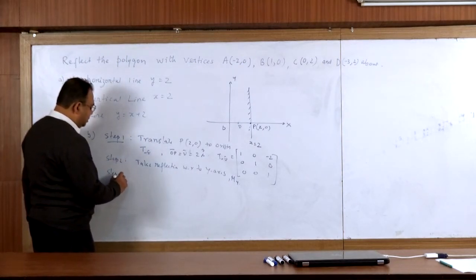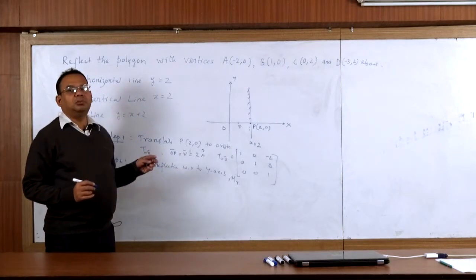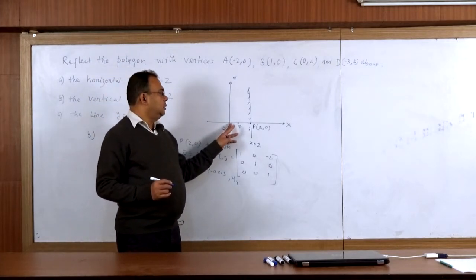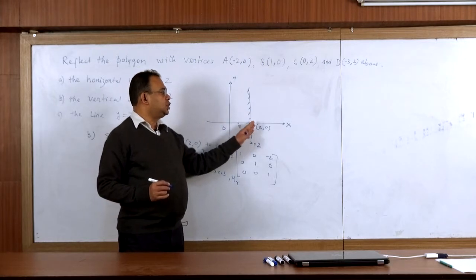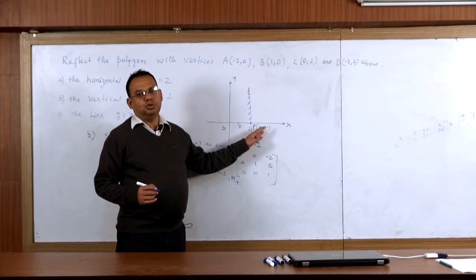next step, step 3, we have to give the inverse of step 1, that is we have to give back translation so that the point which was earlier made coincident with the origin becomes restored to its original position, that is 2 0.